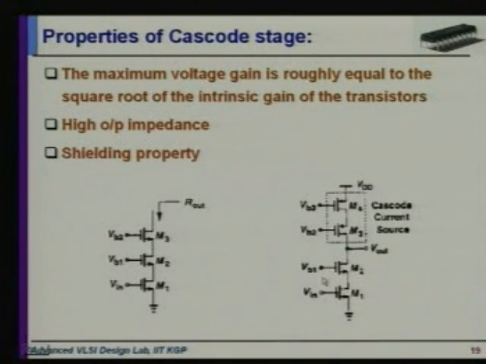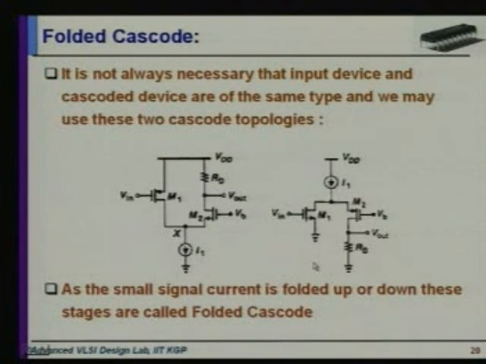This is nothing but the cascode current source, so I am not going into that. Then this is the folded cascode. This is very important for op-amp design, and here it is not necessary to use the same type of MOS devices for the cascoding and for the input stage. If the cascode stage is PMOS, we obtain this type of right hand side circuit.